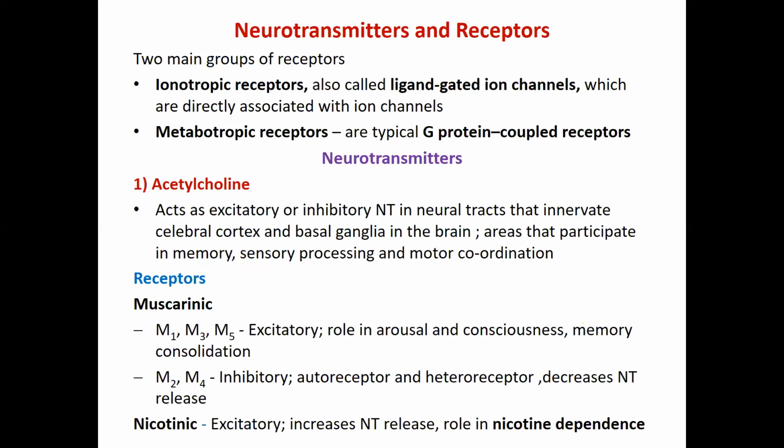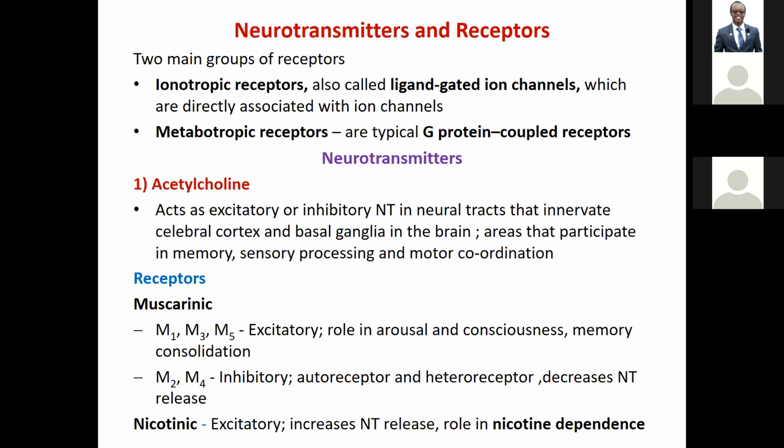Can we have somebody else take us through ionotropic? An example would be benzodiazepines. So benzodiazepines would act through this mechanism.